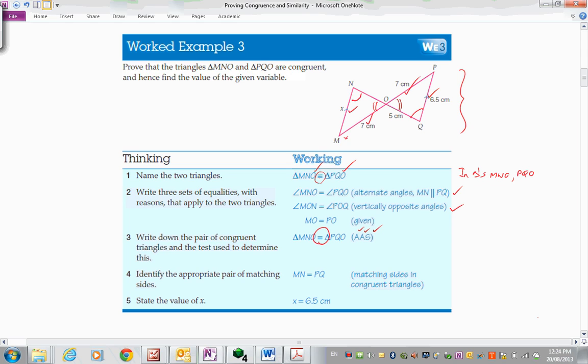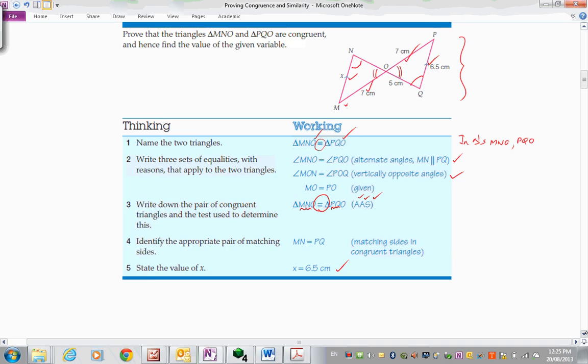And we could match up the remaining sides, because if we write them in order, MN would equal PQ. So if you write them in order, you've got the match-ups. And then we could say, therefore, we can solve for PQ. So proving triangles are congruent enables us to find missing information if one of them has got a bit of information that the other hasn't.